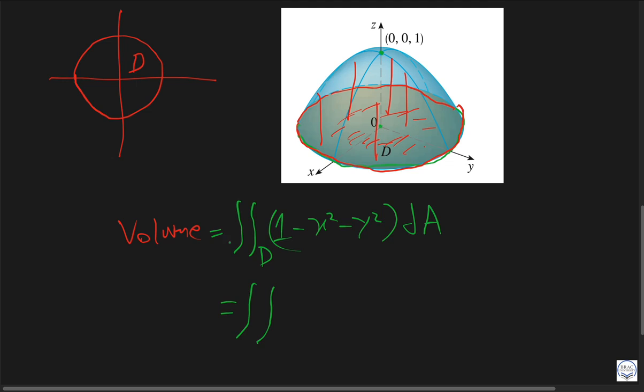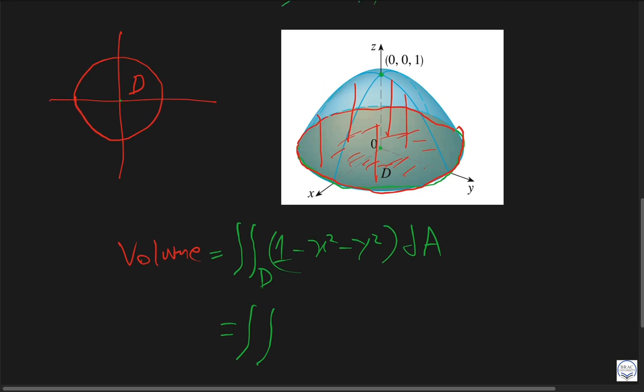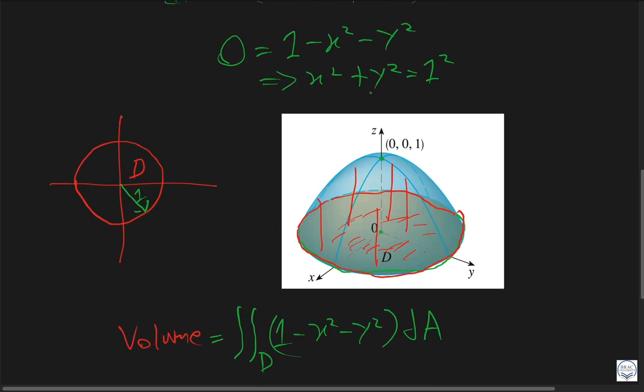So let's do that. Now our circle has a radius of 1 unit, because of the equation of the circle. So every point on this domain must have an r value of greater than or equal to 0.